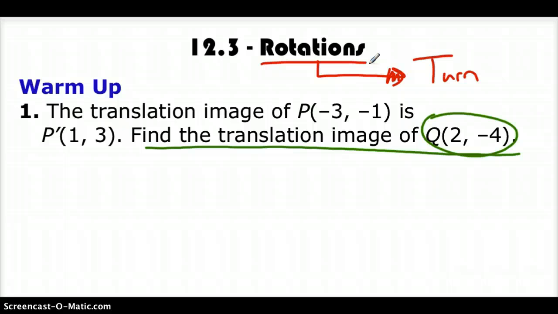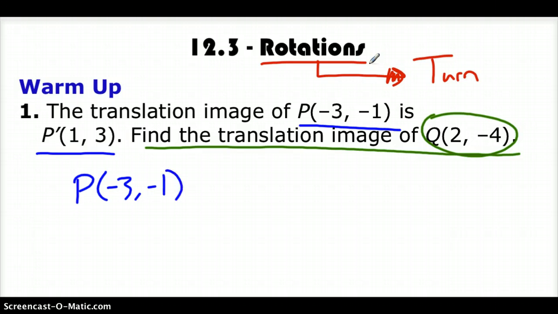All right, and we can just take a look at what actually happened from our pre-image to our image in P. Right, so you can write both of these down, maybe copy it again. Our pre-image for point P was -3, -1, and somehow we got to P prime, which is 1 and 3. Okay. Now remember, this is just kind of a slide along a vector, right? And so we're just looking at what happens here, right?